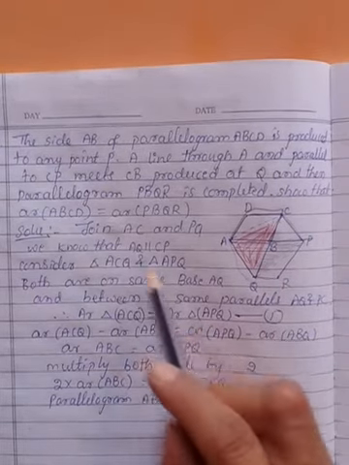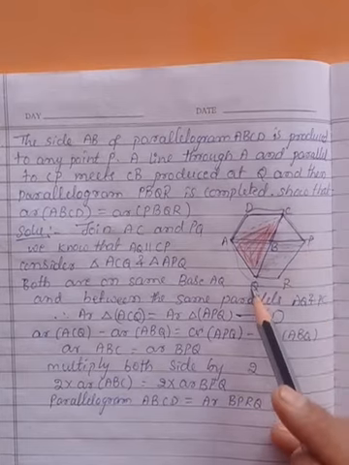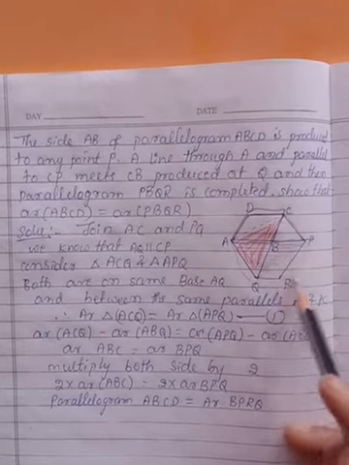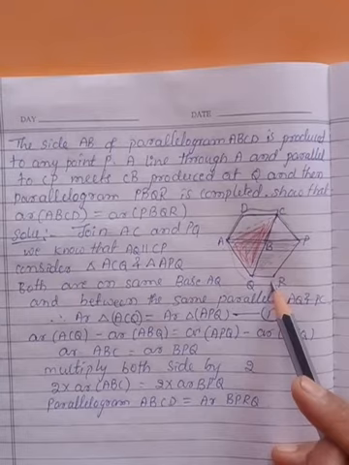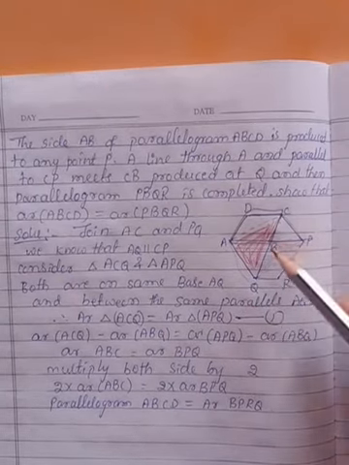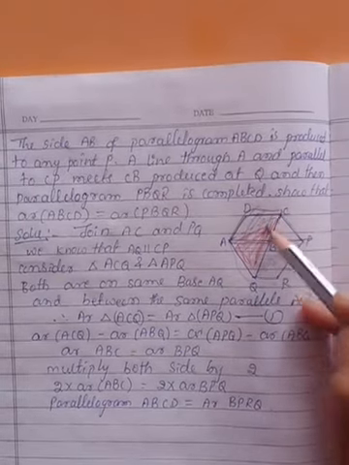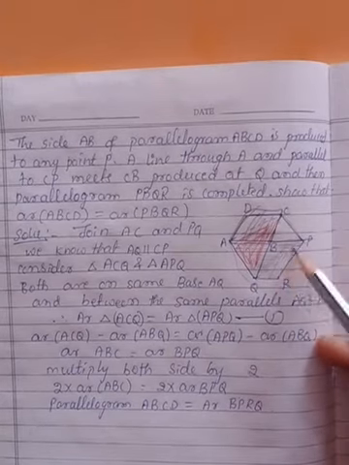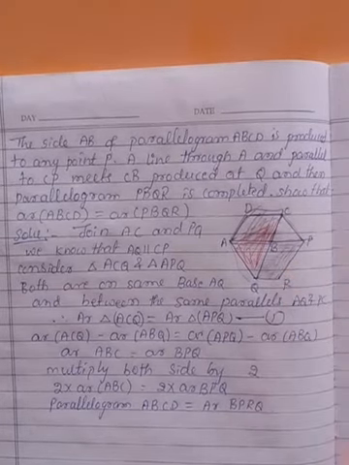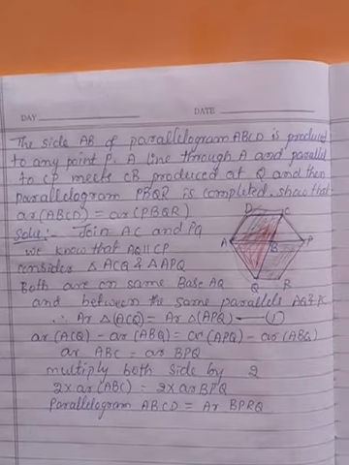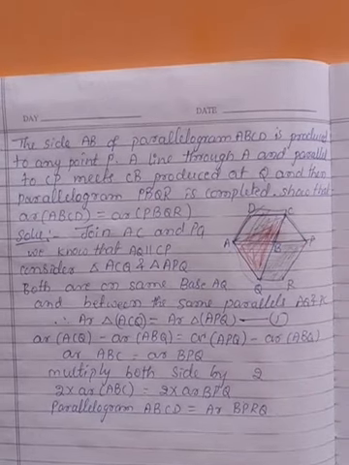And then parallelogram PBQR is completed. By that we are getting this parallelogram. Now we have to show that area of ABCD will be equal to PBQR. These two parallelograms are equal. That is the thing you have to prove.